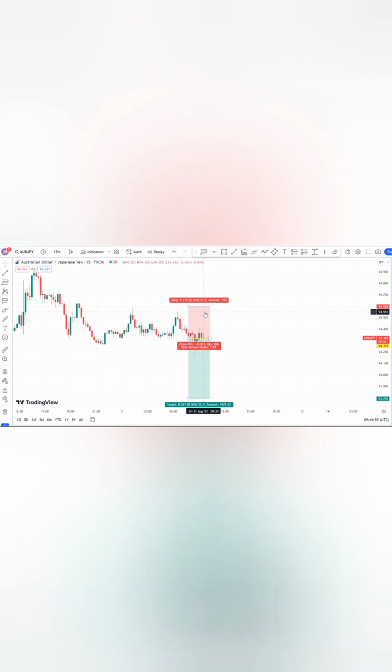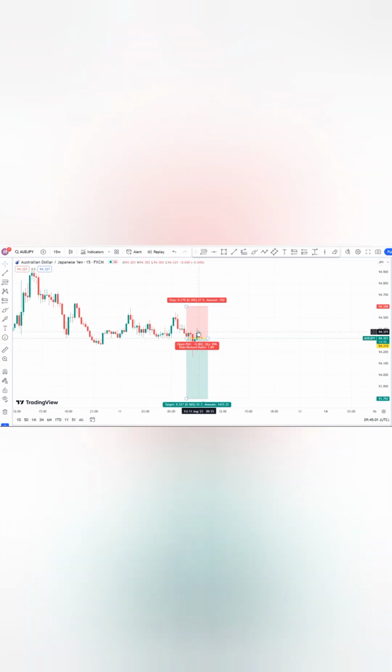Let's say you don't know how many pips there are for your stop loss. So the yellow mark here is the point of entry. What is my value here? We have 94.319, that's the value here on the chart.